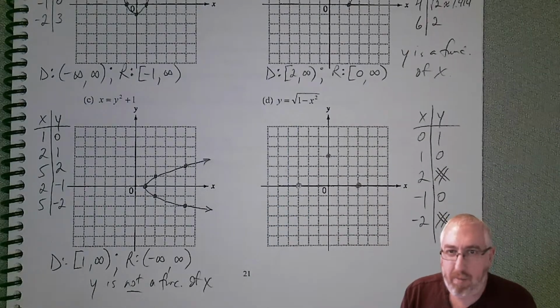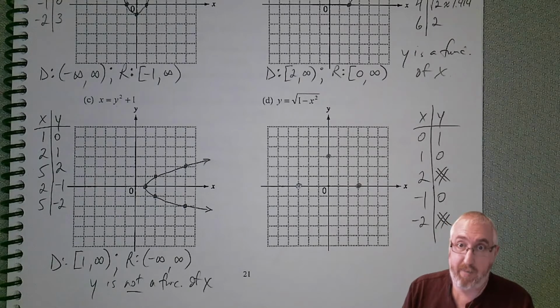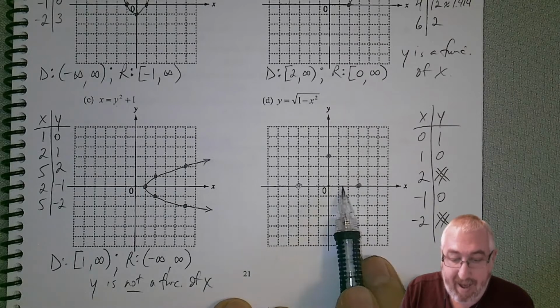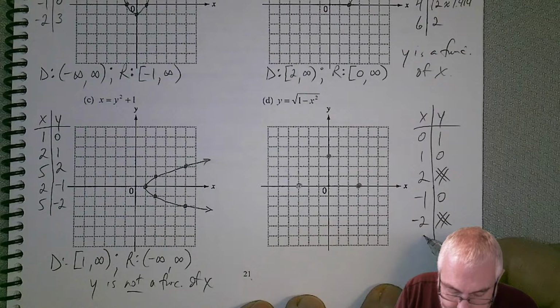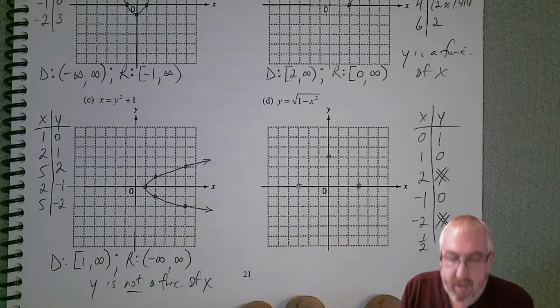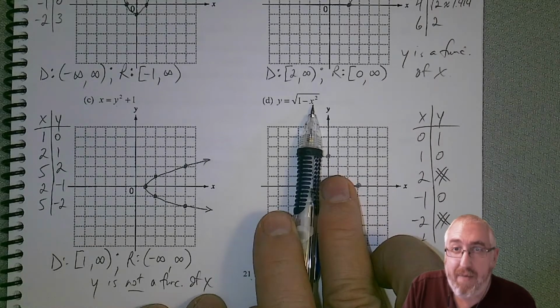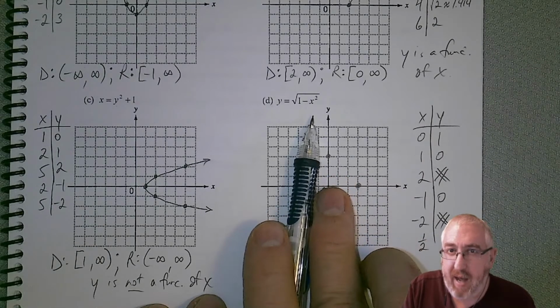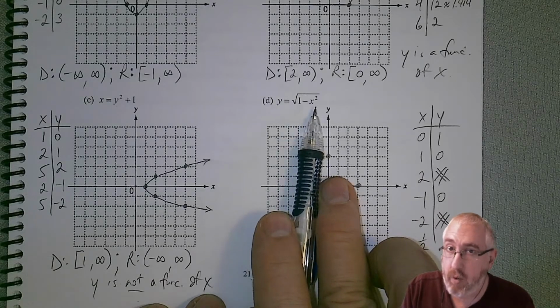So what about the rest of it? Well, we're going to have to try values in between. So what about a half? If we took a half and substituted it in, a half squared, half times a half, is a quarter. 1 minus a quarter is 3/4. Square root of 3/4 is what?